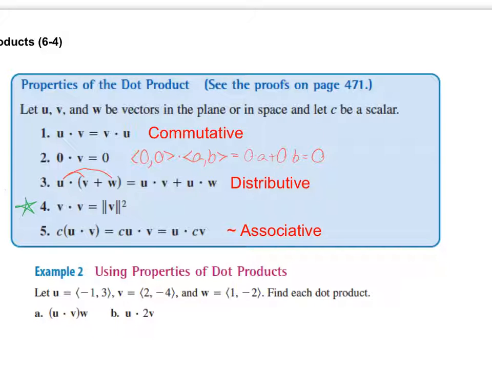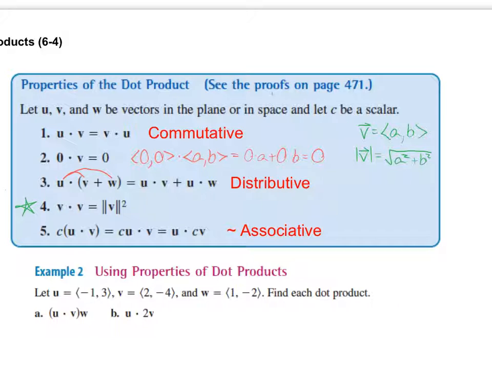Let's say v is the vector (a, b). What's the magnitude of v? This is a formula we should know: the square root of a squared plus b squared. Pythagorean theorem used to find the magnitude of a vector.